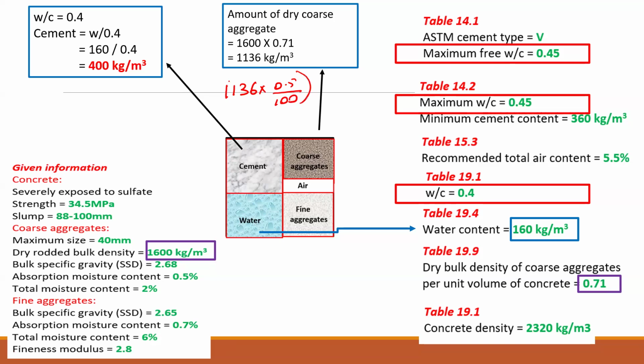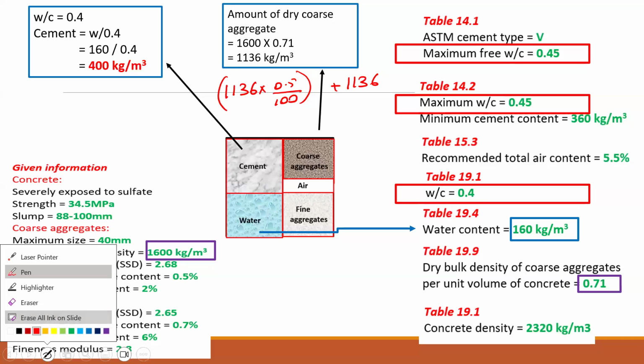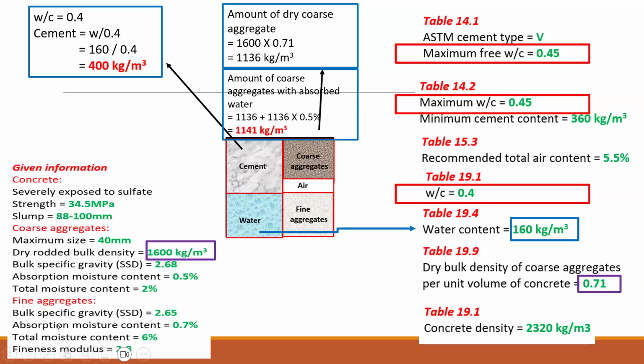So if you add this to 1,136, that will give you the weight of the coarse aggregates with absorbed water. How much is that? Yes, roughly 1,141.